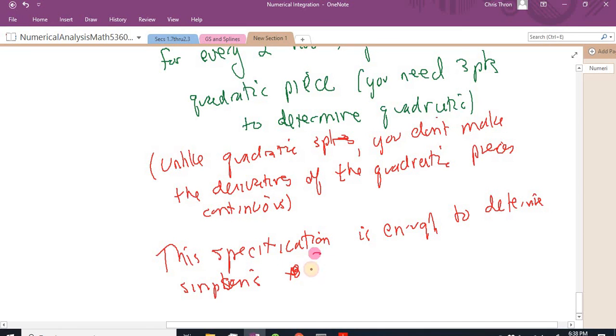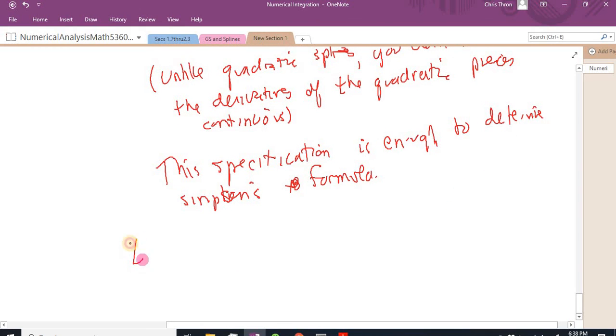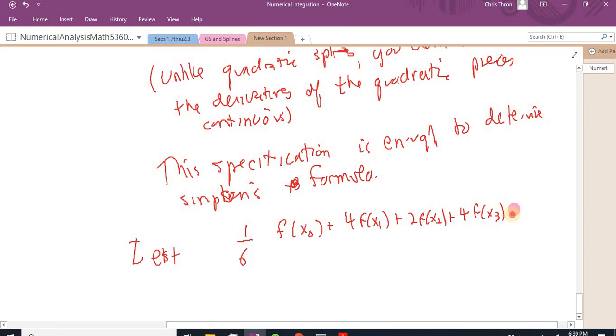And if you remember Simpson's formula, the estimate is going to be, I don't know if I can remember what it is, I think it's 1/6 times, is this right? I'll have to look it up, but I think it's f of x0 plus 4 f of x1 plus 2 f of x2 plus 4 f of x3 plus dot dot dot.